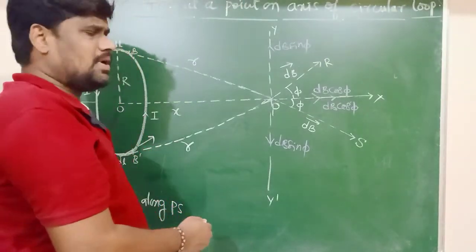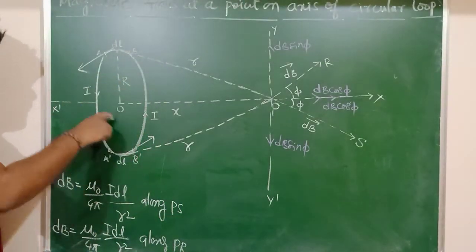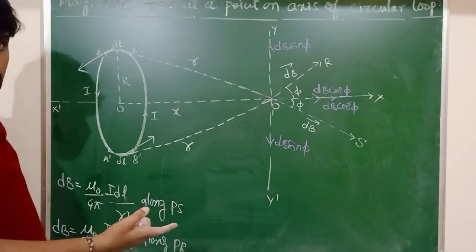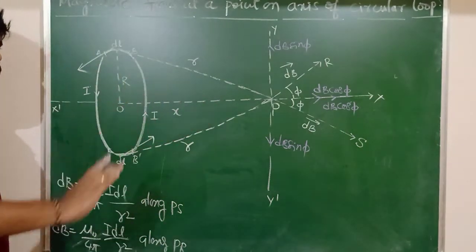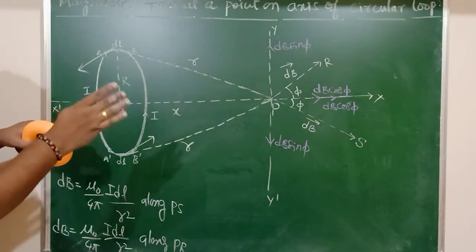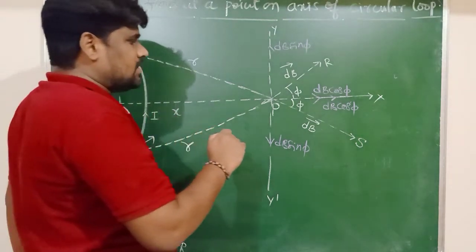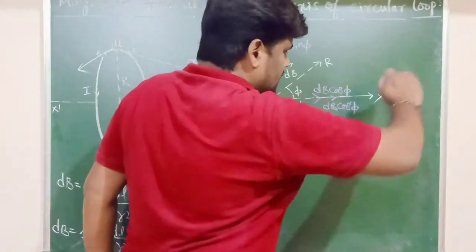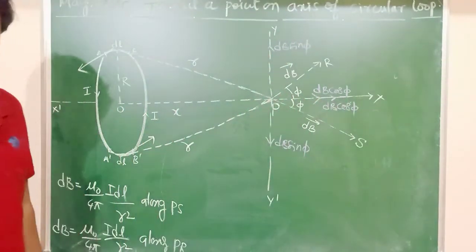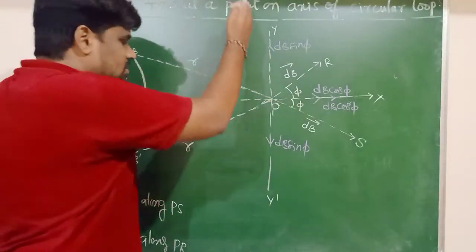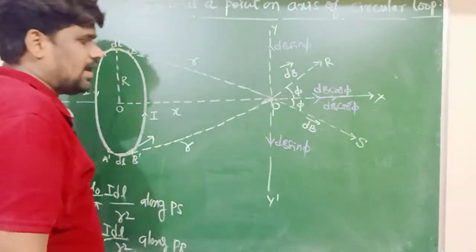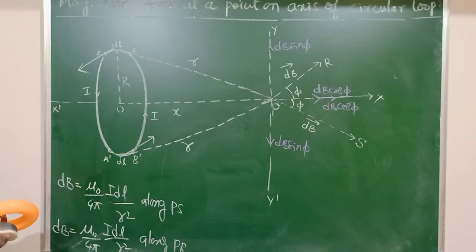Take any two other diametrically opposite current elements, perform the calculation once again, and the same thing happens. Every time, components of magnetic field along the horizontal direction add up, and components along the vertical direction cancel.